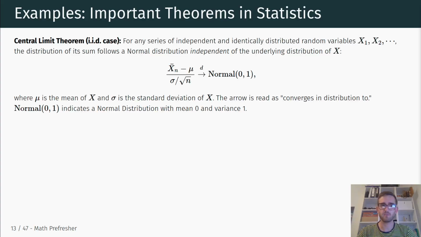First, we have the central limit theorem, which basically states that for any series of independent and identically distributed random variables, x1, x2, and so on, the distribution of the sum of this set of random variables follows a normal distribution independent of the underlying distribution of x. And that's one of the most important theorems in statistics.